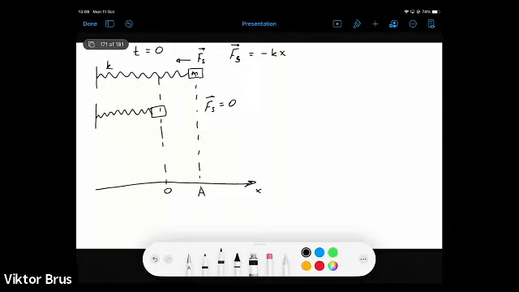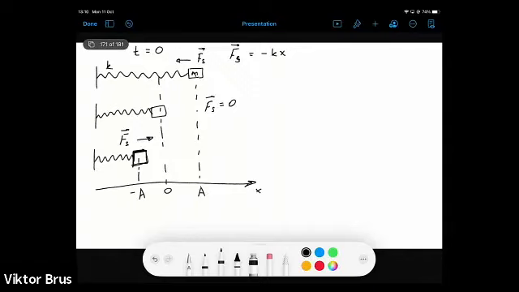There's no displacement, no spring force. And then if the spring is compressed, we assume there is no dissipation of mechanical energy because of friction or something like that. So it could be considered as minus A here. Then we have the spring force acting on this block with mass m, and it is pointed from the left to the right.